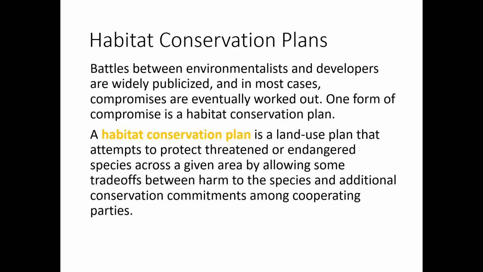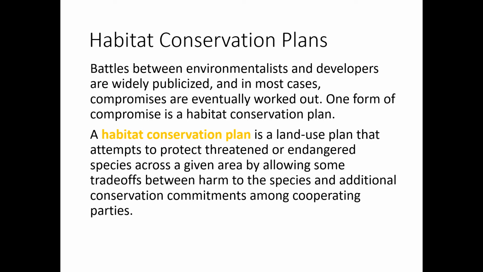Okay, so there is a middle ground here, and that's the goal, where you develop something called a habitat conservation plan, where you take your environmentalists and your developers and try to work out some sort of compromise. So say you want to build that hotel on this land where you have these endangered beetles.